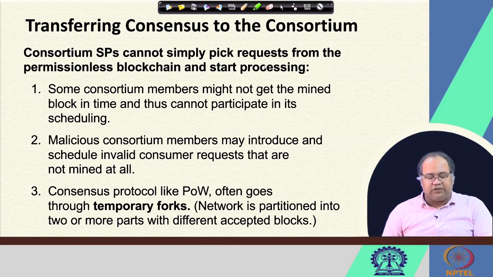Then there can be malicious consortium members who may introduce and schedule invalid consumer requests that are not mined at all. And consensus protocols like proof of work often generate temporary forks, so the network might be partitioned. So, we cannot simply pick up those transactions from the public blockchain.